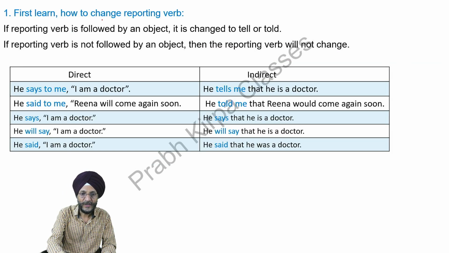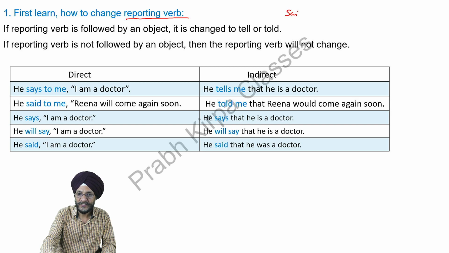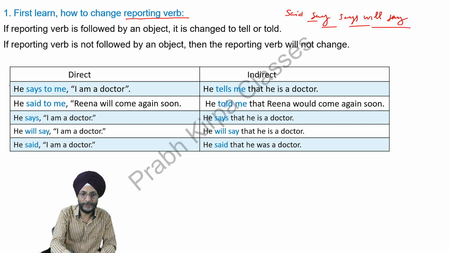First, we learn how to change the reporting verb. Reporting verb means said, say, says, will say. What changes do we make to these verbs? First comes says to me. You will please read this.